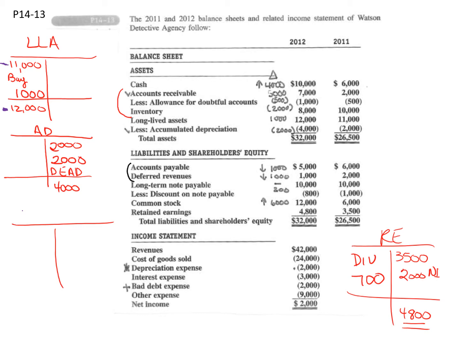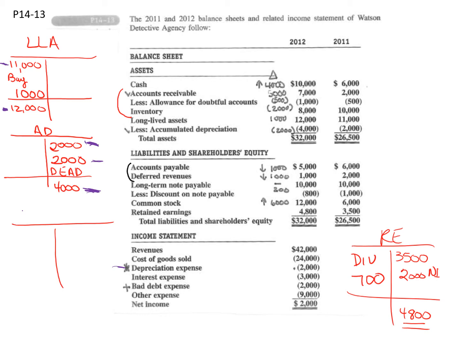If I look at accumulated depreciation, it started the year at 2,000. I know my depreciation expense was 2,000, and so that gives me my ending balance of 4,000. So confirmation that I did not buy any long-lived assets or I did not dispose of any long-lived assets.